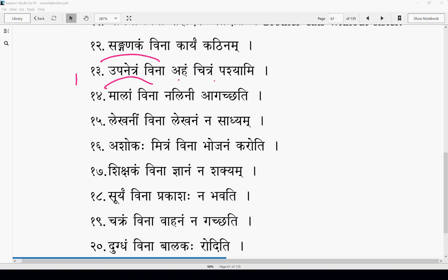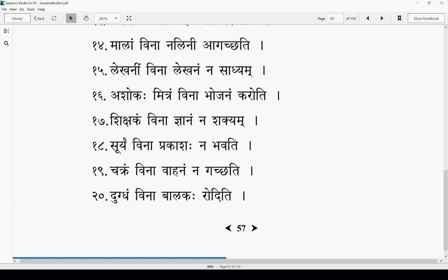So upanetram and vina have to be together. Then other things we can move around. Here malam vina nalini agacchati, Nalini is subject, malam vina together. Similarly, Ashokaha is subject, mitram vina together. So keep that in mind.